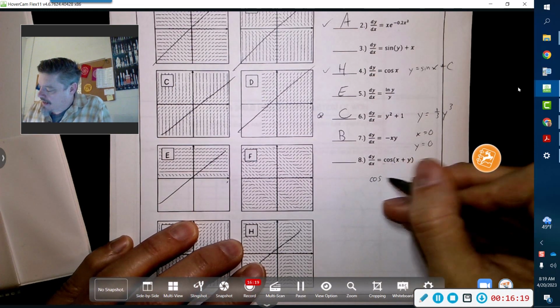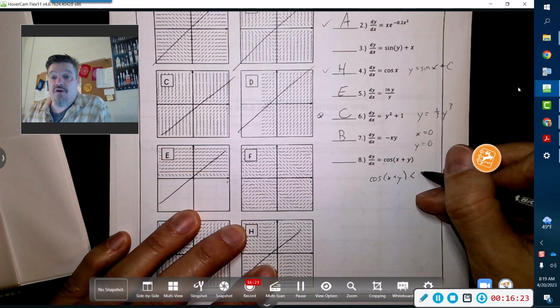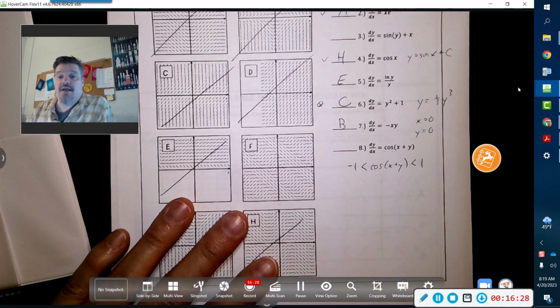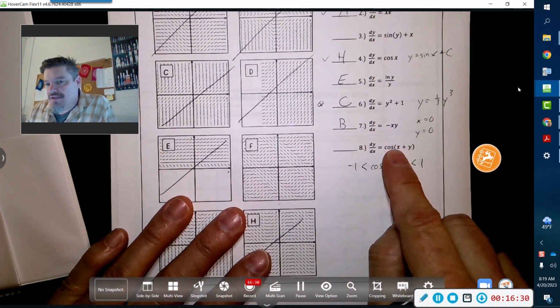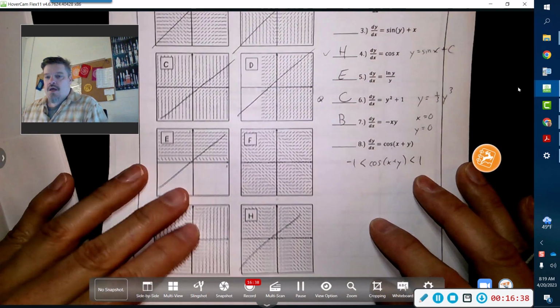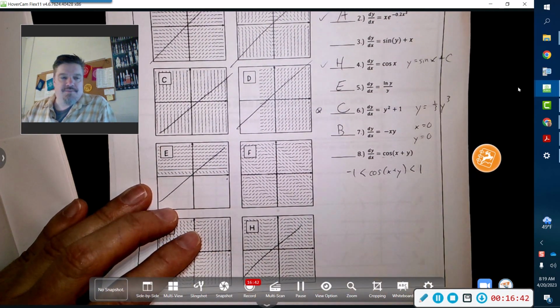You cannot have a slope that's larger than 1, and you cannot have it smaller than -1. This guy, because he's a trig, is squeezed in between -1 and 1. That's it. There's domain restrictions is basically all I can say.